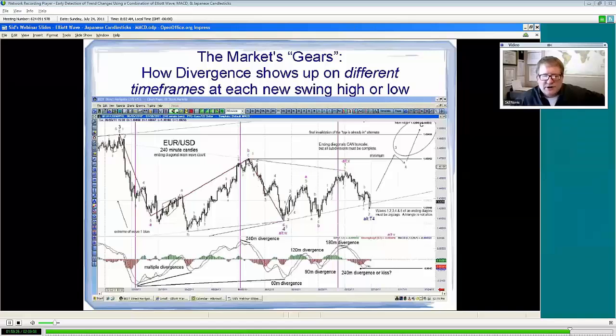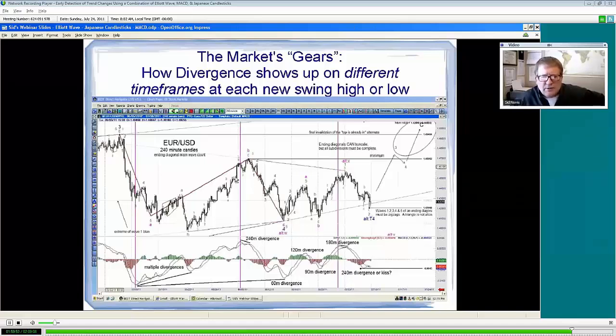Well, a 240-minute chart is going to give a deeper signal, a deeper move than a 120-minute, which only gave that, or a 90-minute, which just gave that. So the largest tradable move that I saw on this chart was signified by a 240-minute divergence.